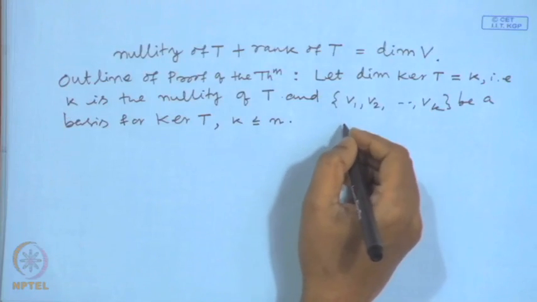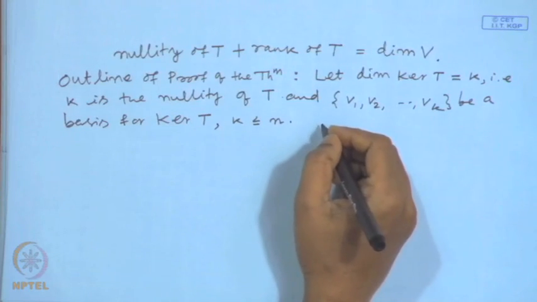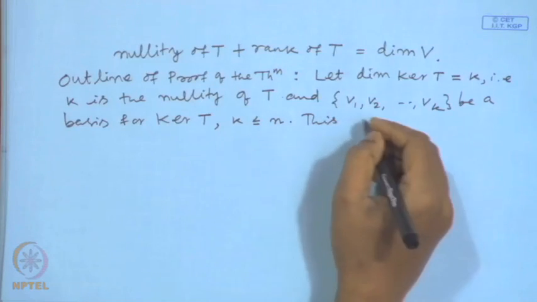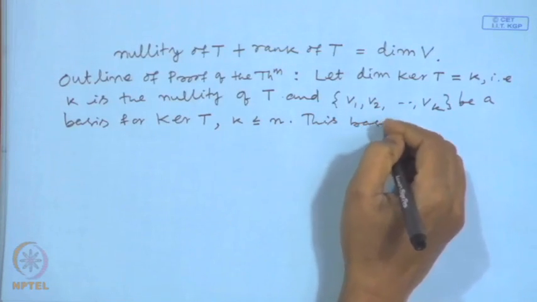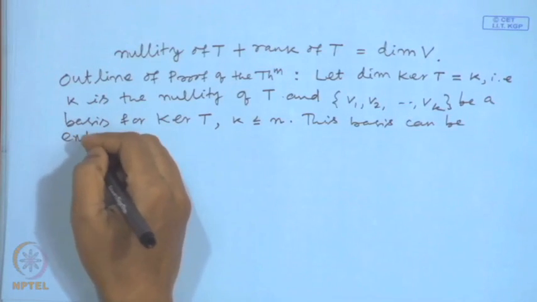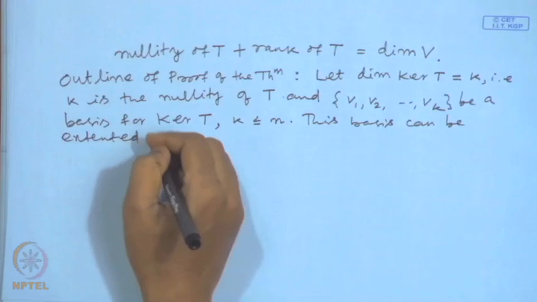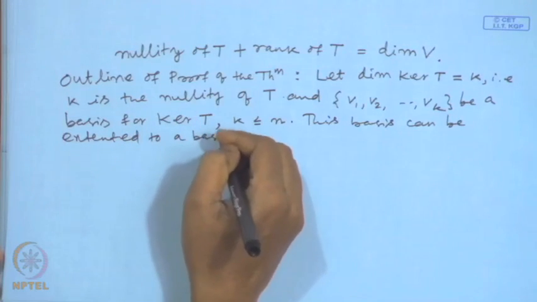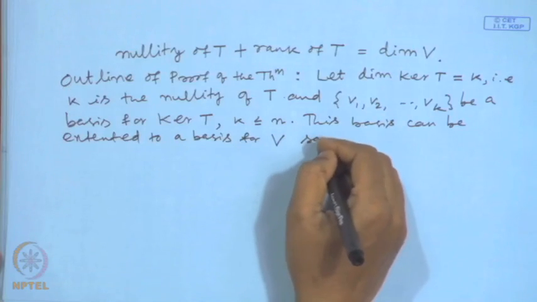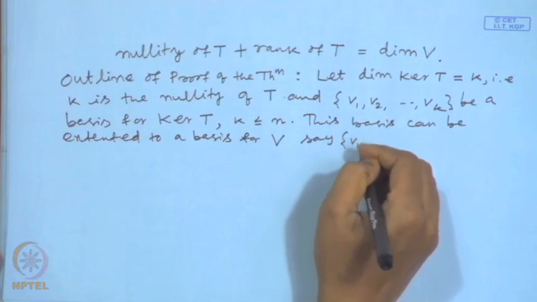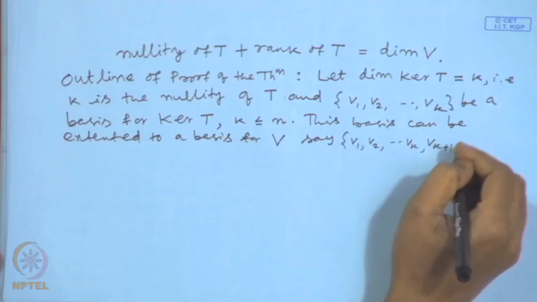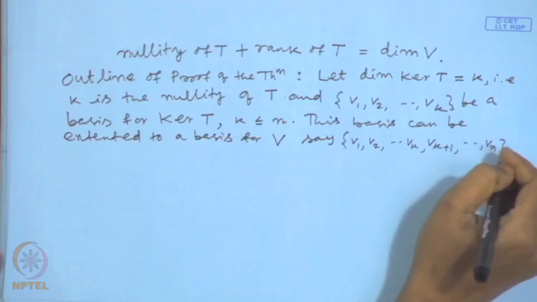Now, this basis of the kernel of T can be extended to a basis for V, say V1, V2, Vk, Vk plus 1 up to Vn.